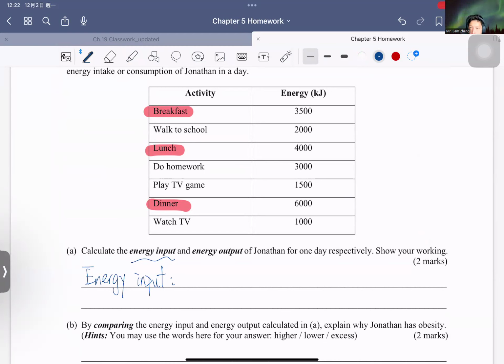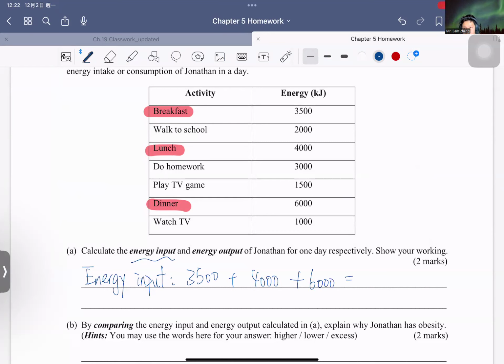So I could not give you the mark because I could not recognize whether what you wrote down is energy input or energy output. So first of all, the energy input, breakfast would be 3,500. And then next, we will have 4,000. And then lastly, dinner would be 6,000.